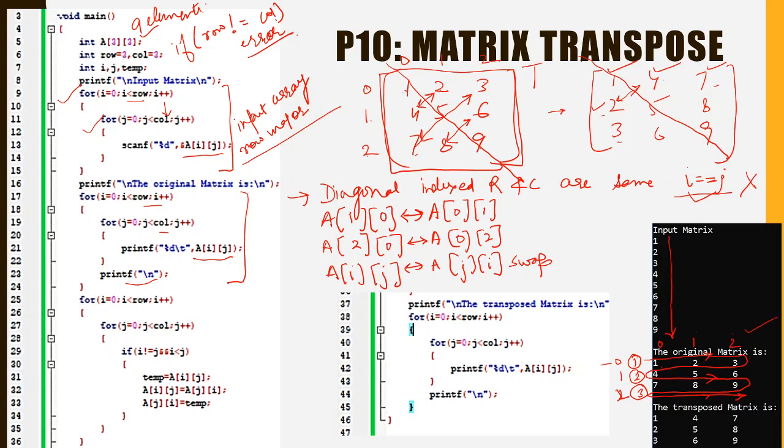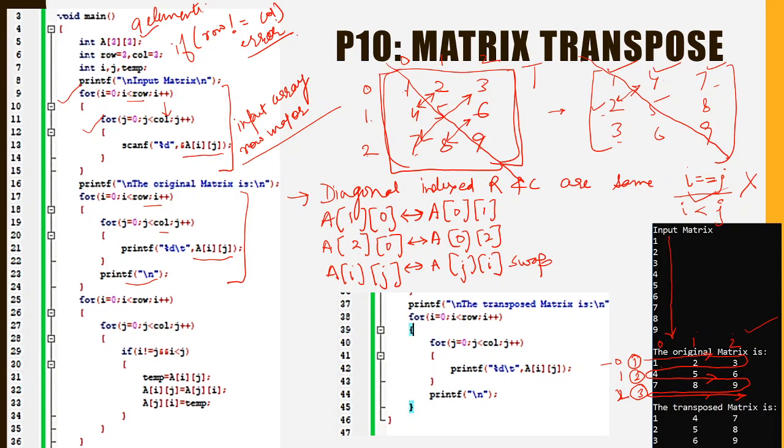So now you have to understand that the aij and aji swap is only required when I is not equal to j, and you also have to add a condition whether I is less than j or not.